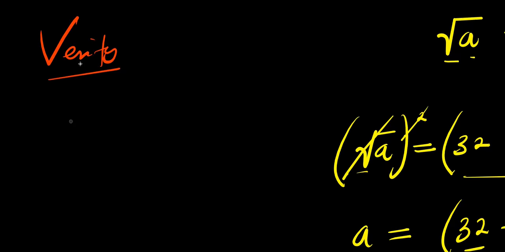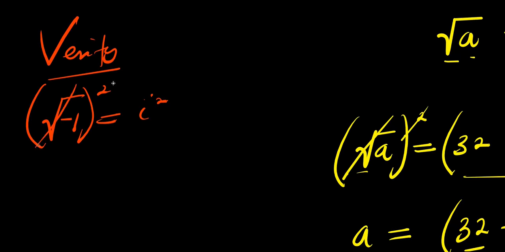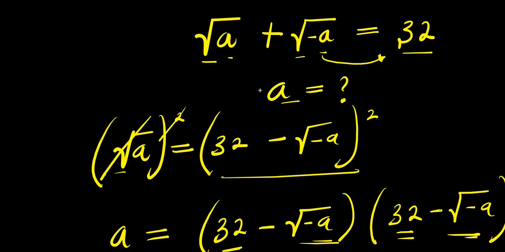If you want to verify it, remember that square root of negative 1 equals I, meaning if you take the squares of both of this, this and this cancel out, that means negative 1 equals I power 2. You need to consider this identity, negative 1 equals I power 2, because you will need it right here when you are verifying.